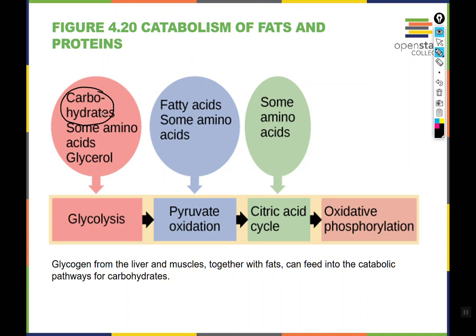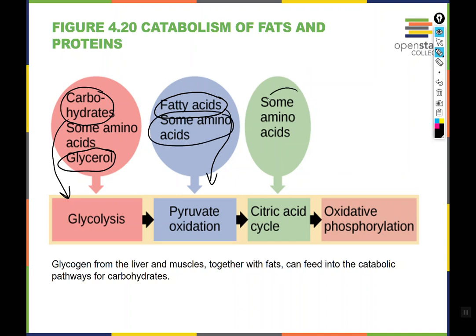Carbohydrates are the primary substrate that starts here, as well as some amino acids and, of course, glycerol, because it's almost exactly half of a glucose. But if the body needs to rely on other fuels, it can use fatty acids from the triglycerides stored in our fat cells, but those don't start at glycolysis. They go straight to this, and also some amino acids as well.